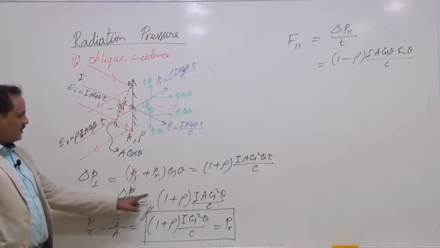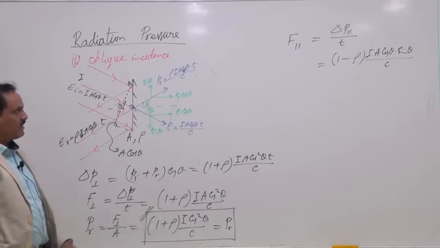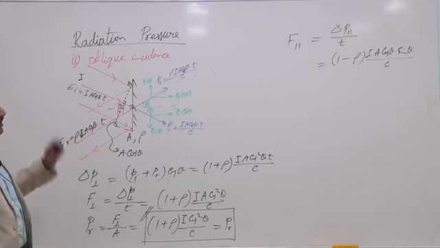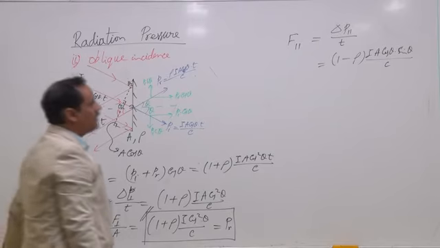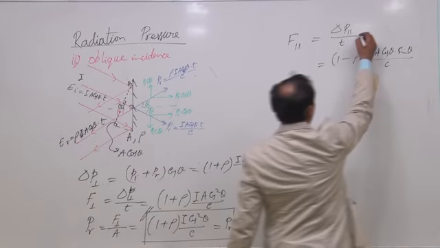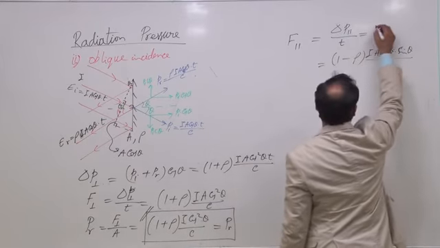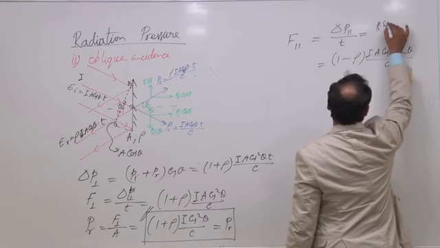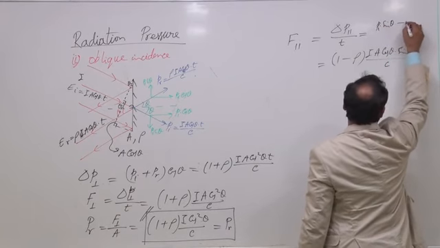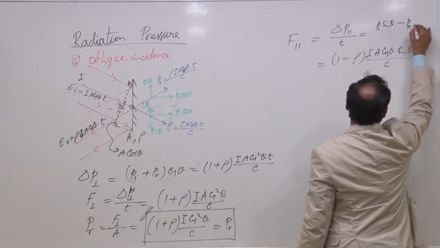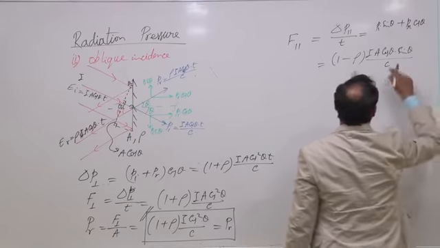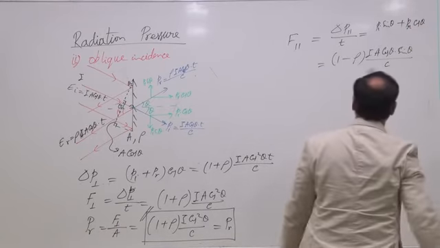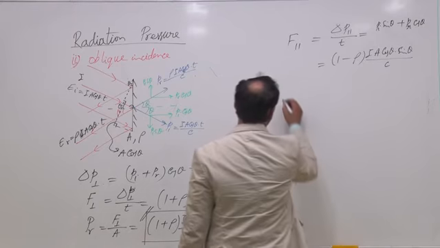So the perpendicular force is (1 plus rho) I A cos square theta by C. The parallel force is (1 minus rho) I A cos theta sin theta by C, as the parallel force is P_I sin theta minus P_R sin theta. We write minus, as the direction is opposite.